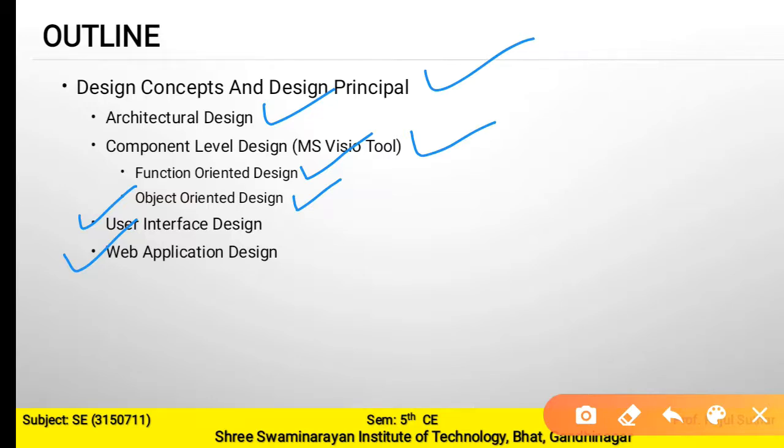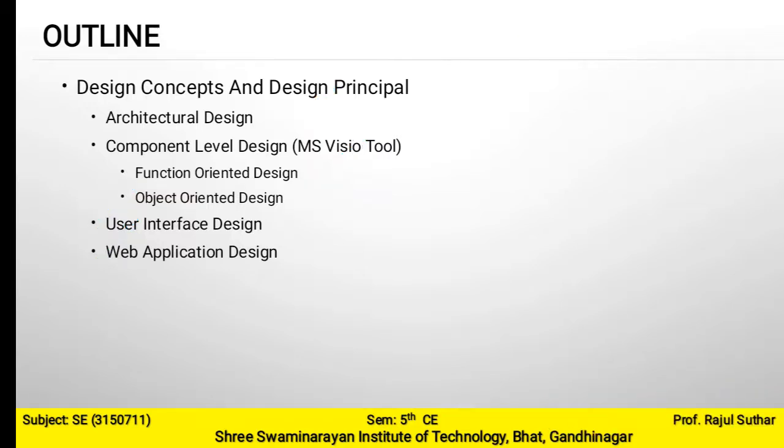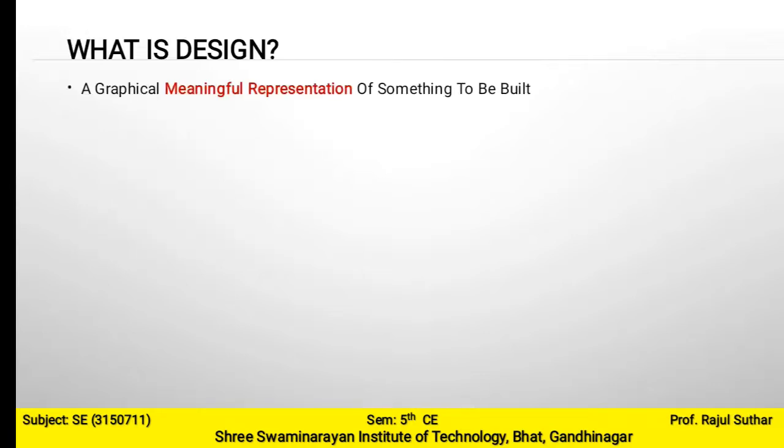So it is nothing but the blueprint. We can say it is a meaningful or graphical representation of your software product, any layout, architecture, all things that make up a design for software engineering. The definition of design: a graphical, meaningful representation of something to be built.